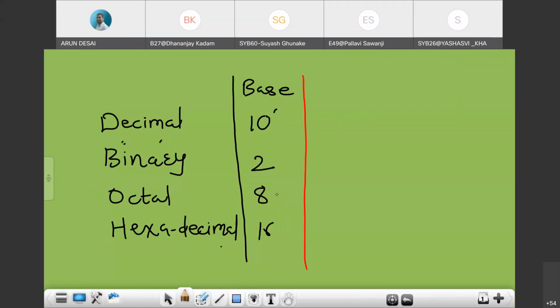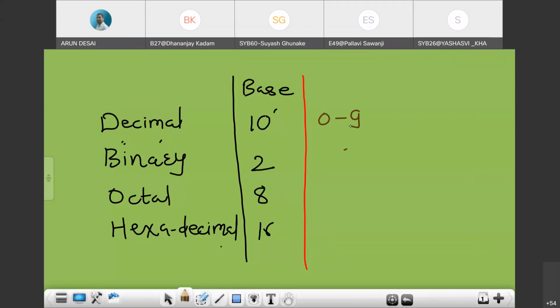Now tell me what symbols are used for the decimal number system. Yes, 0 to 9, Samruddhi. 0 to 9 unique symbols are used in the decimal number system.